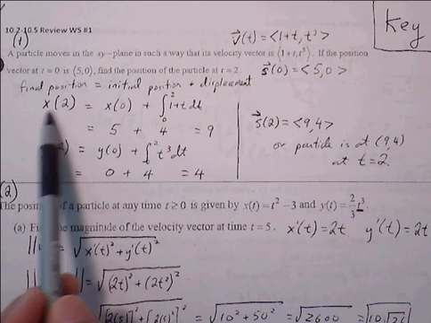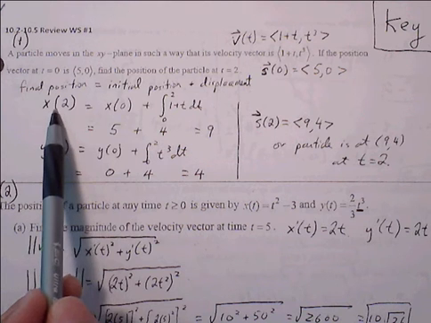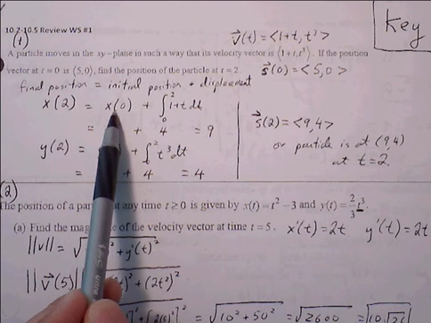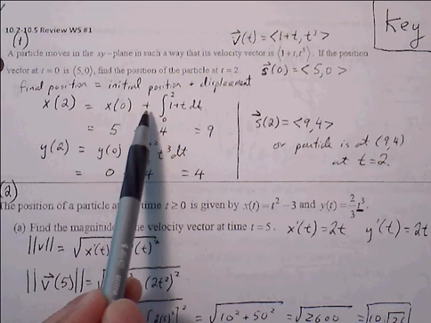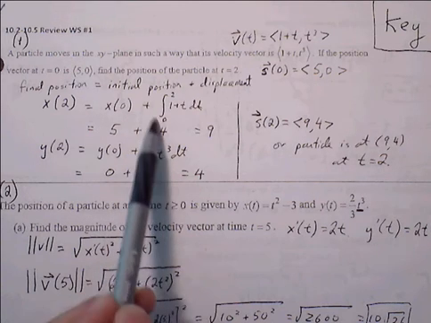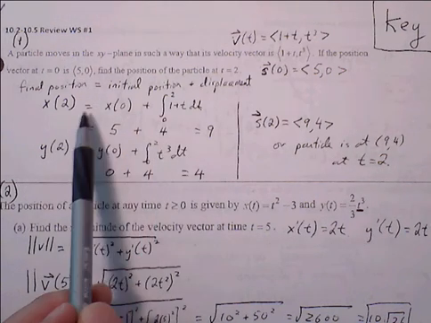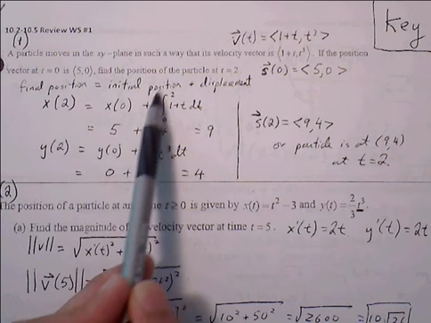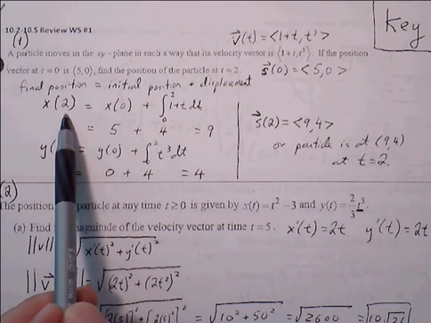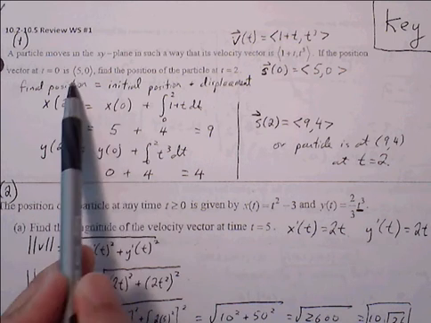So the horizontal component, x of 2, would be the initial position in the x direction plus the horizontal displacement to get from 0 to 2, so we can find the final x value. So x of 0 we know is 5, right?